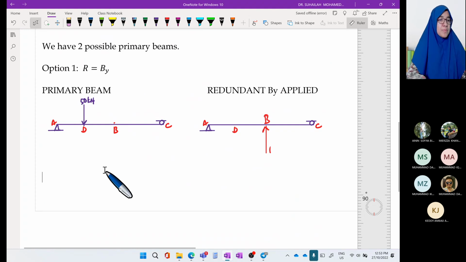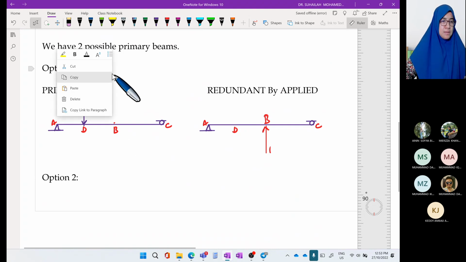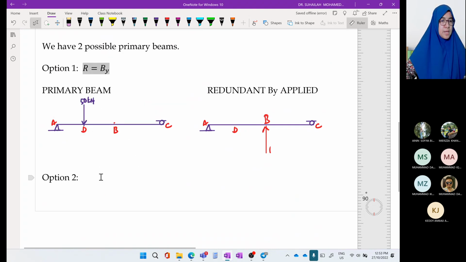Same for option number two. For option number two, we can choose CY as the redundant.